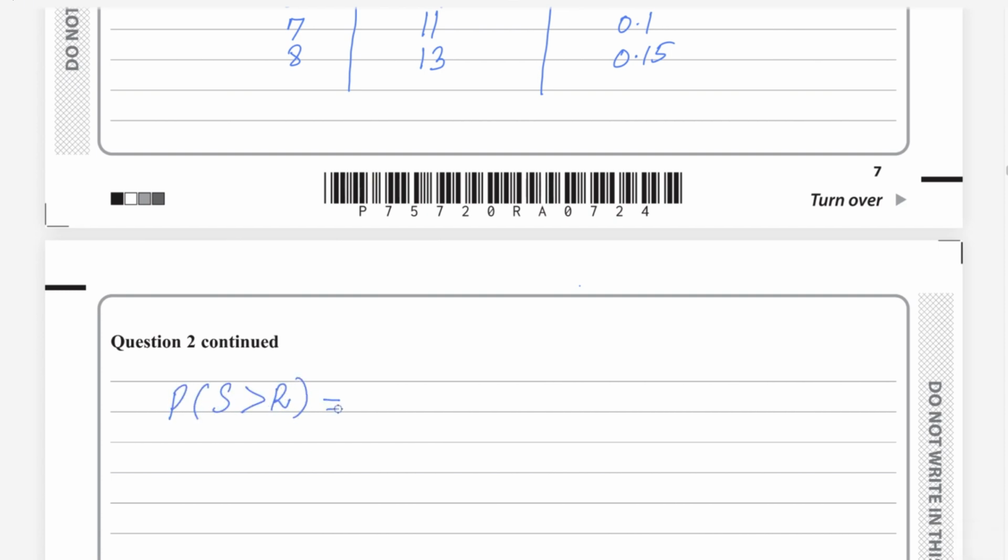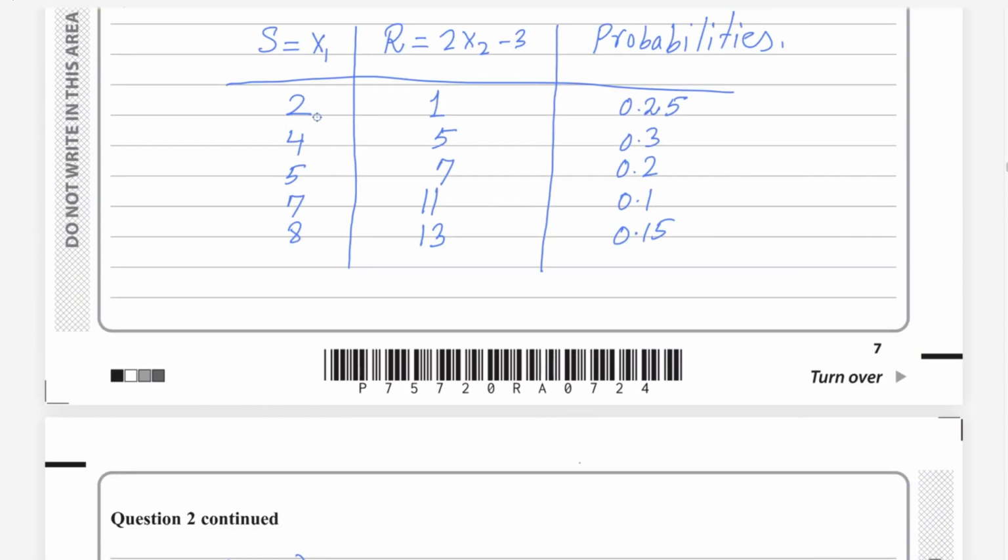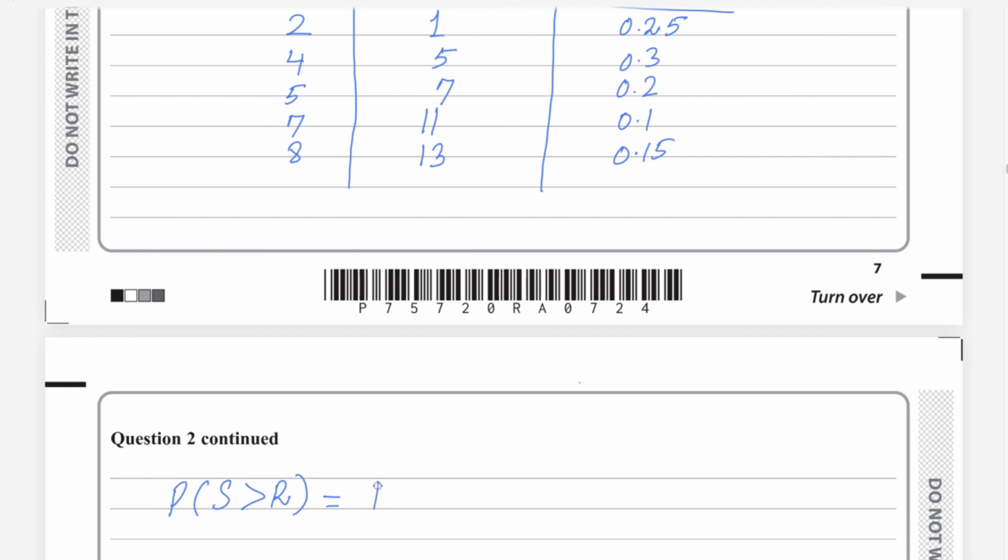So here you have to write all the possibilities. You can see from here, this S is greater than 1. So these are the possibilities here. We can start with S equals 2 and R equals 1. So this is one possibility when S is greater than R. Okay, 2 is greater than 1. If you use 4 here, 4 is greater than 1 as well.